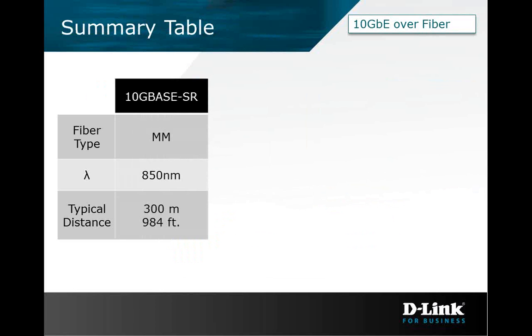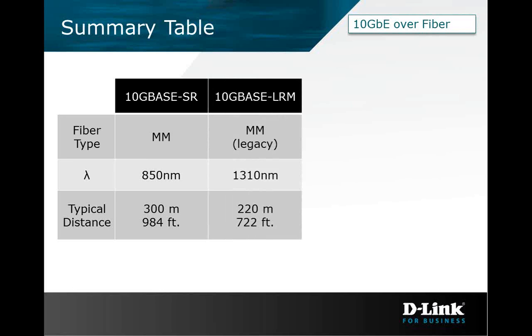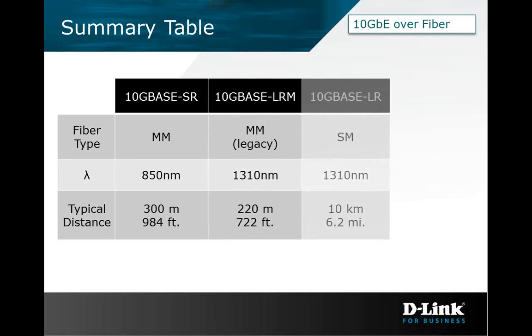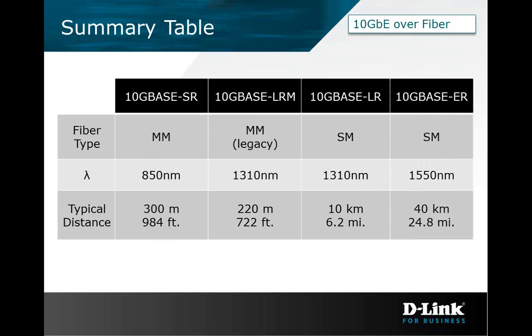So here's a quick summary, 10G base SR multi-mode on OM3, pretty close to 1,000 feet. Long reach multi-mode, which we talked about just on the previous slide, on old legacy multi-mode fiber, 722 feet. And then in single mode, 10G base LR, 6 miles, 1310 wavelength, and extended reach up to about 25 miles.